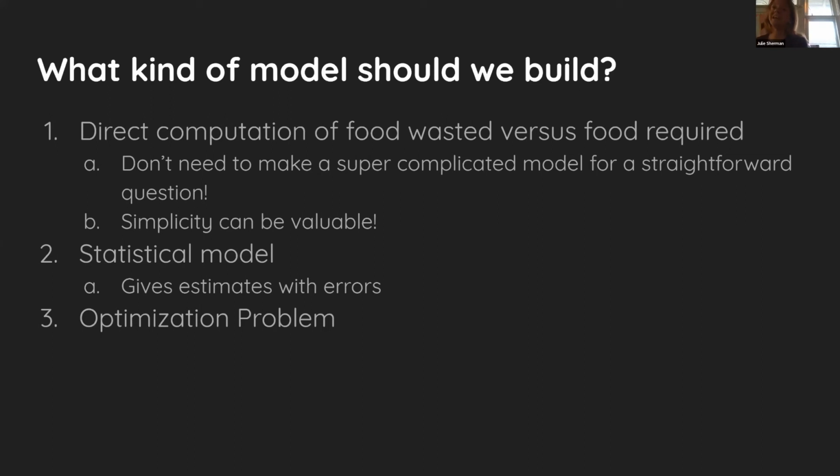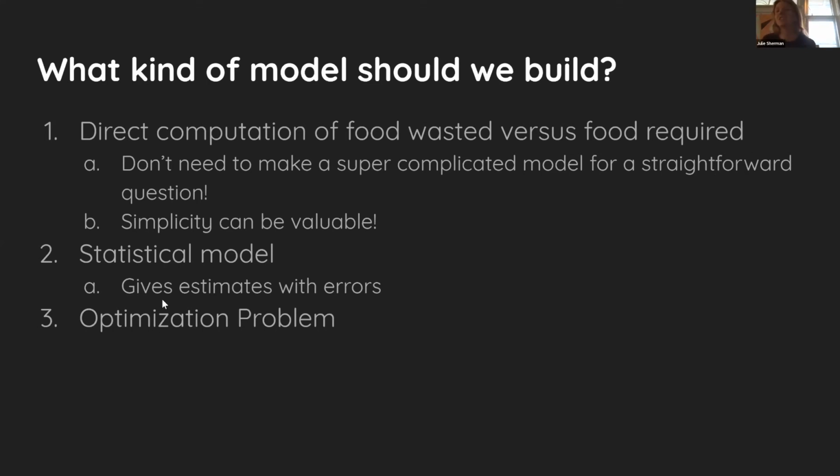So this is just a PSA: don't add unnecessary complication when you can just calculate some values and use that. Because then you can really spend more time on making your assumptions really good, making sure that the equation that you have makes sense, and comparing it to some other data.